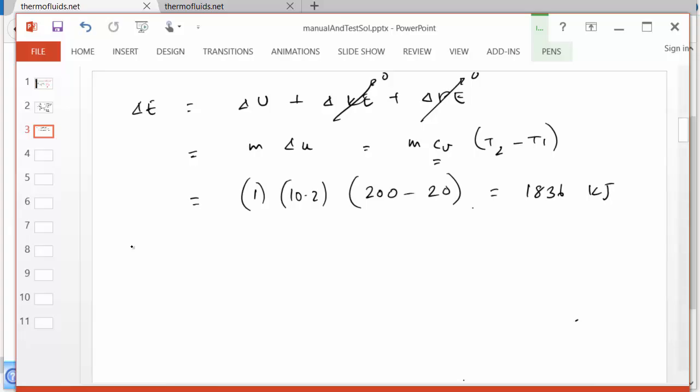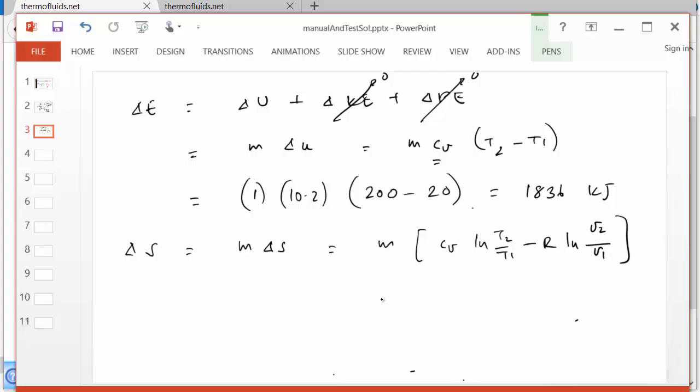Finally, to find the change in entropy, we notice that there are two formulas for specific entropy. One is m Cv ln T2 over T1 minus R ln V2 over V1, and the other one is m Cp ln T2 over T1 minus R ln P2 over P1.